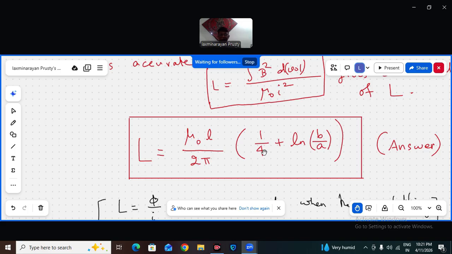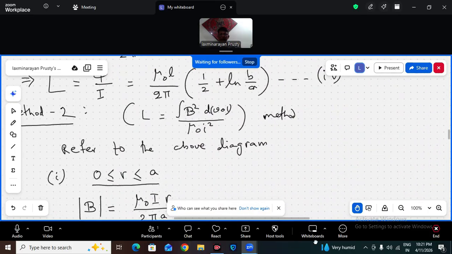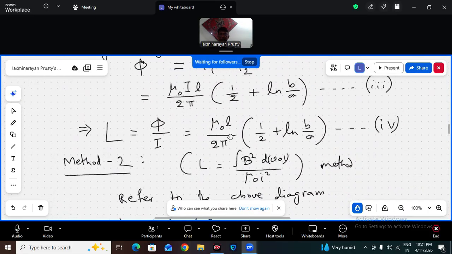You can ignore the 1 by 4 or the 1 by 2 value which I got in the first method if ln b by a is very large.